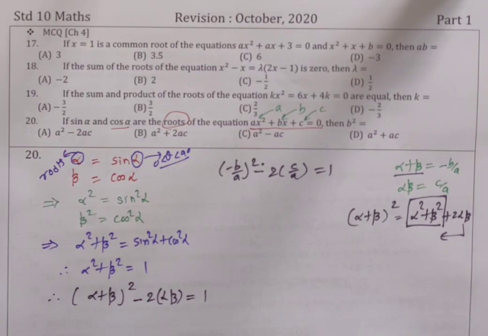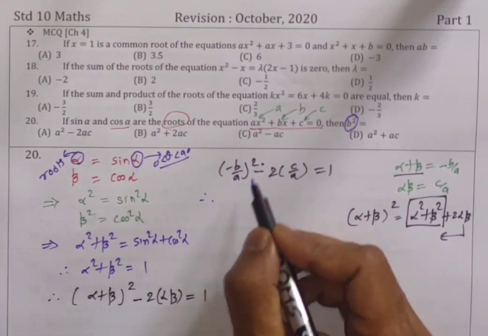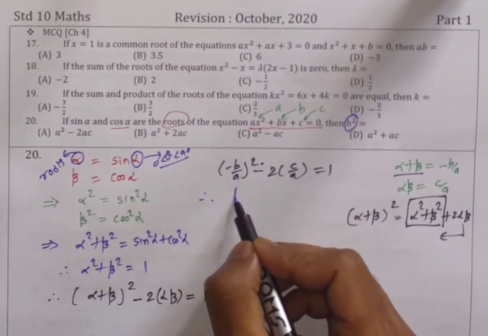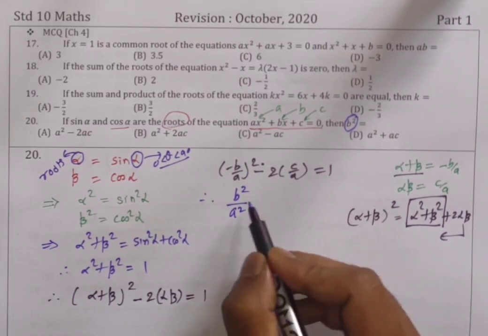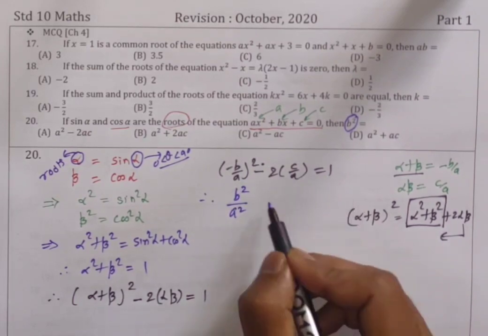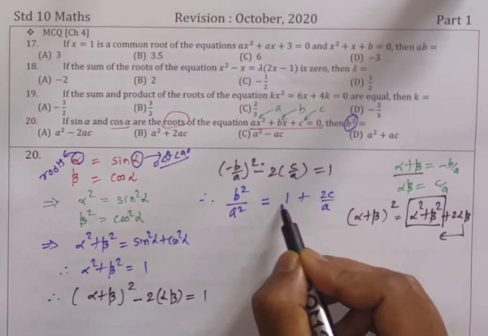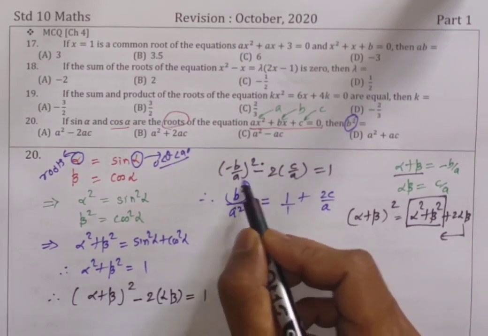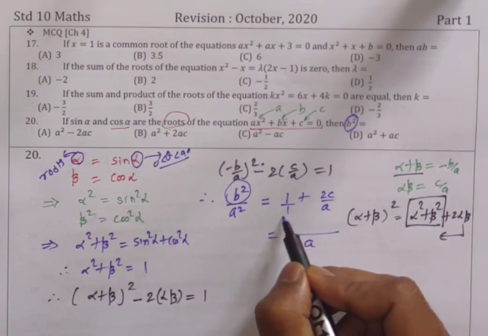Now look, once again we have to find b square. Okay, so let's open the bracket. Square of minus b becomes b square upon square of a. Okay, b square is here children. Take this term on the other side, that is equal to 1 plus 2c upon a, upon 1. You have to make b square the subject of the formula. Alright, LCM of 1 and a is a.